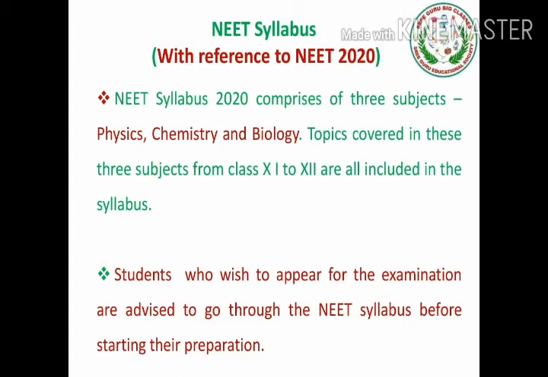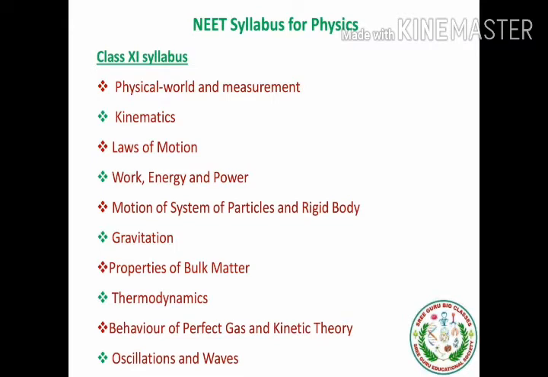So the syllabus is covered in these three subject areas. Mostly the topics from class 11th and class 12th standard are included in the syllabus. Let us see the physics syllabus.